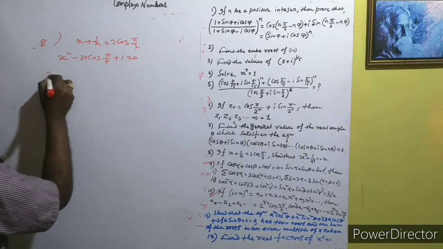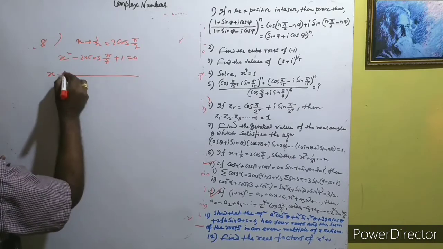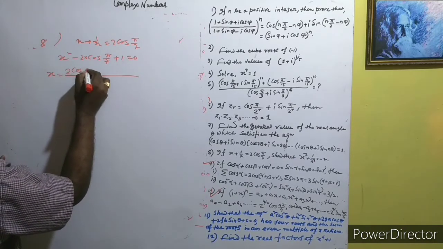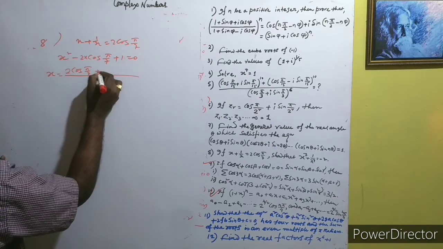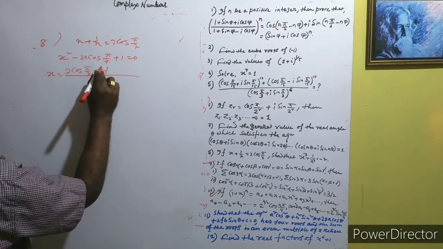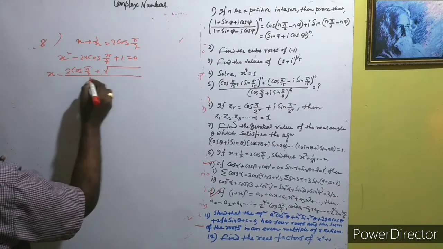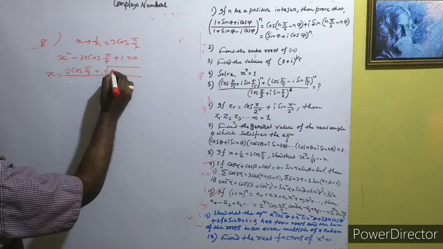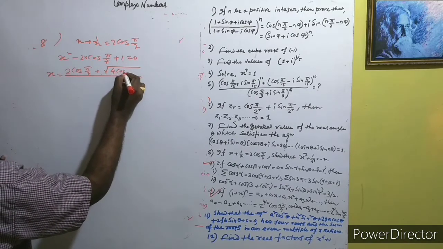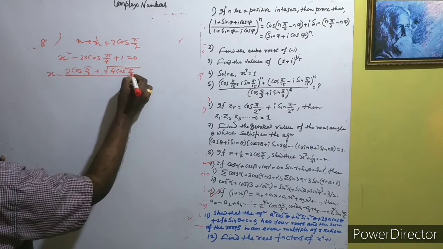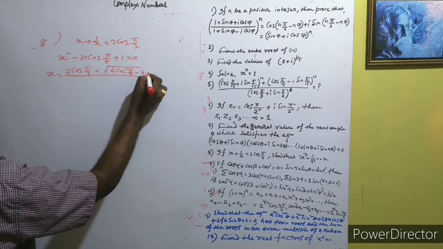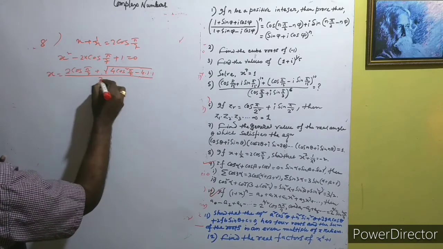So now x is equal to 2 cos pi by 7 plus minus root over b square minus 4ac, where b square means 4 cos square pi by 7 minus 4, all by 2a.